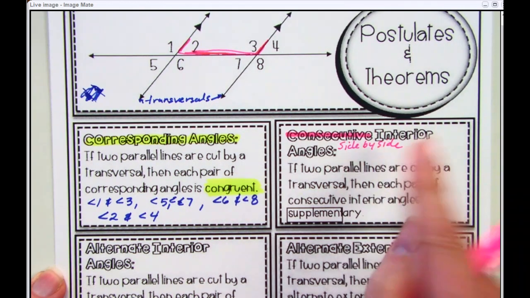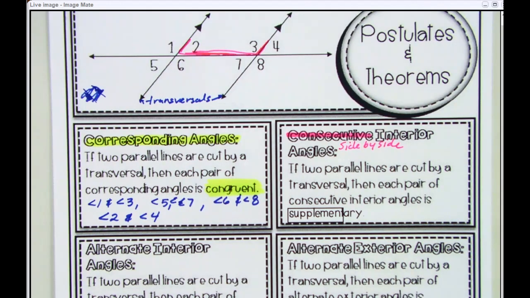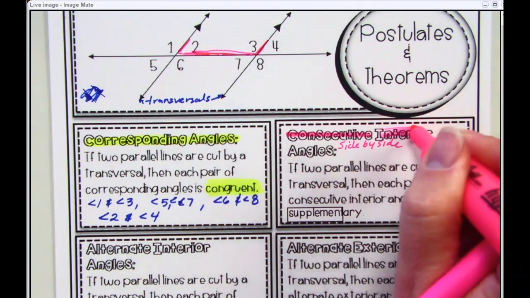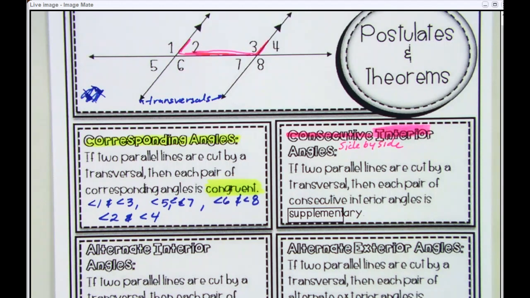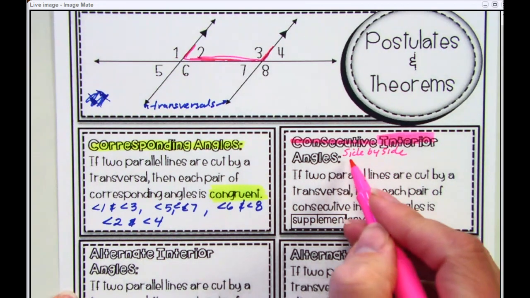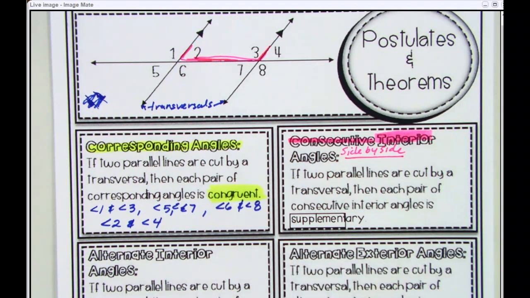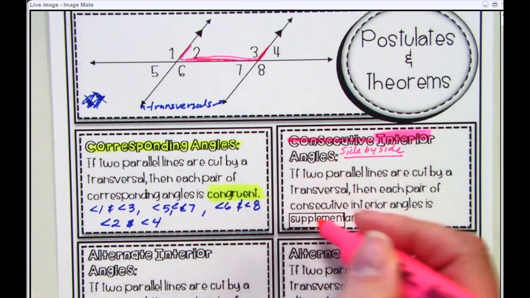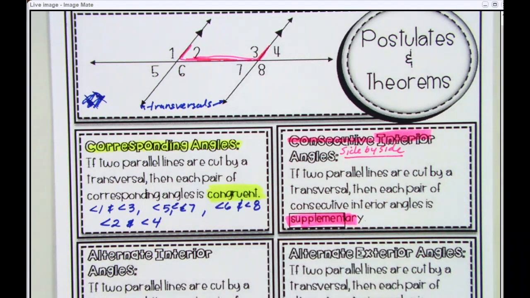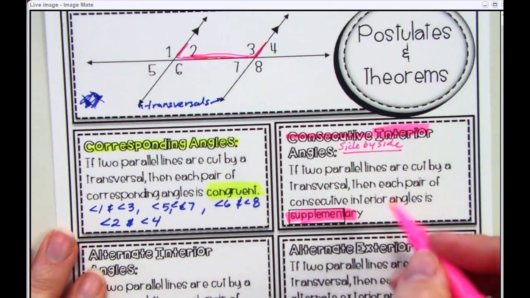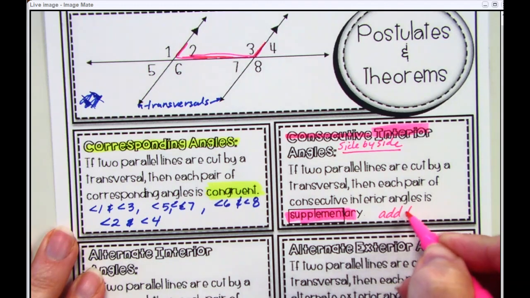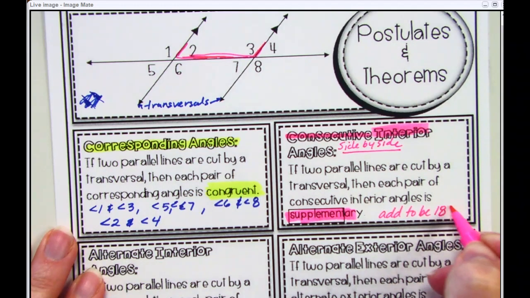Oh, and it says interior. I didn't even highlight that. Consecutive interior. They're side by side in between those transversals. Now, the trick with these is that they're what? They're supplementary, which means they add up to be what? 180. All right. Add to be 180 degrees.